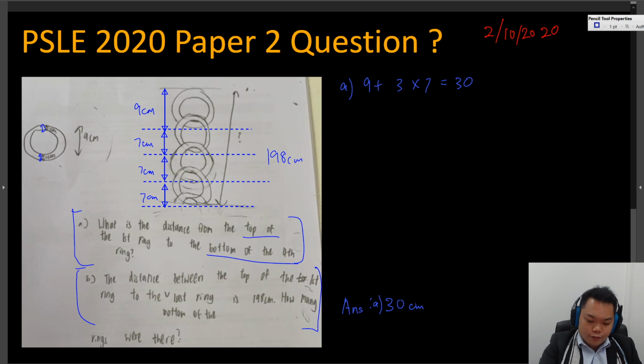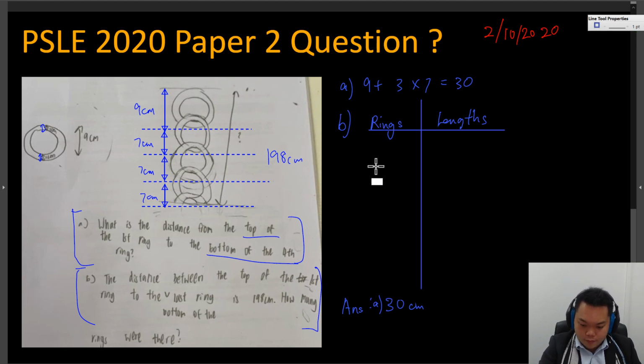Okay, so for part B, like what I always mention in my Facebook lives, you want to list out first your first ring and the lengths, the number of rings and the number of lengths you will obtain, and try to see if there's a pattern to it.